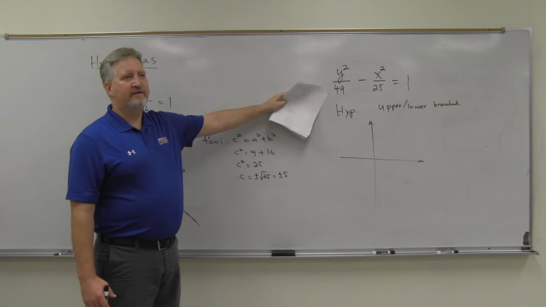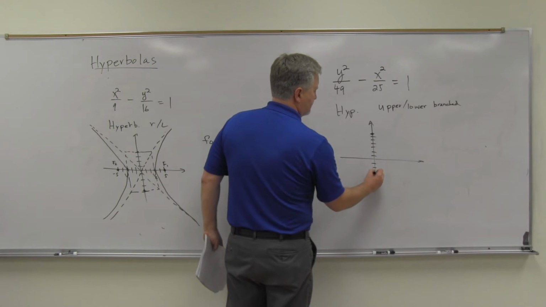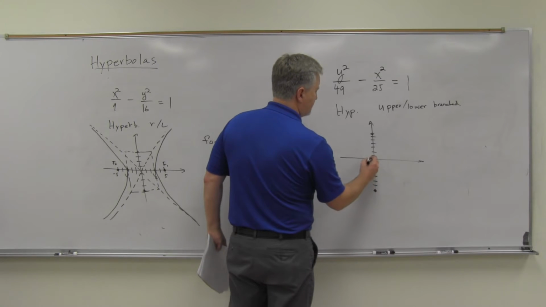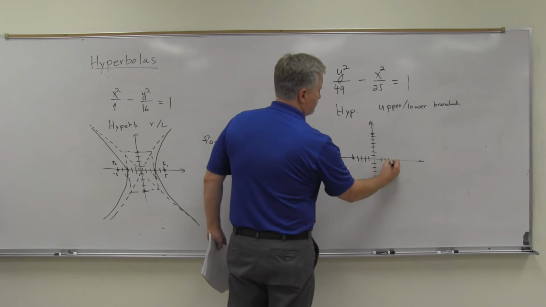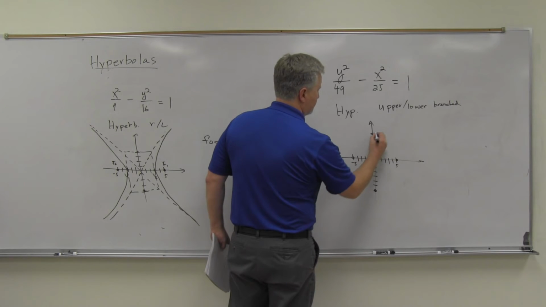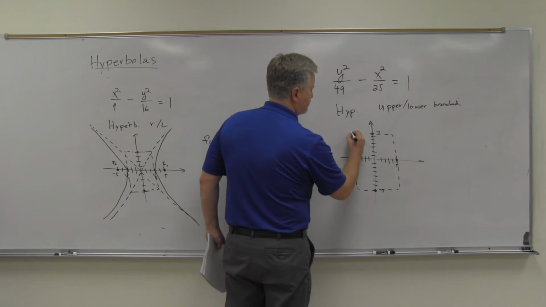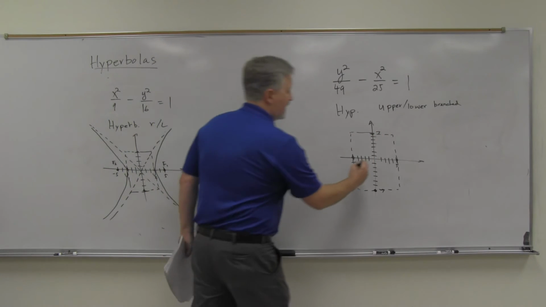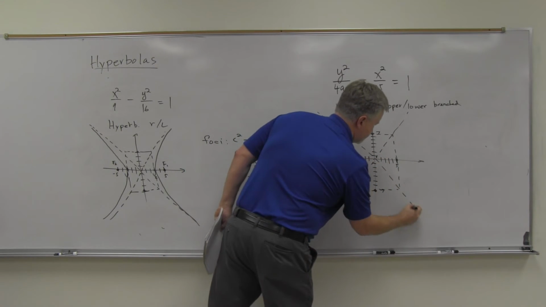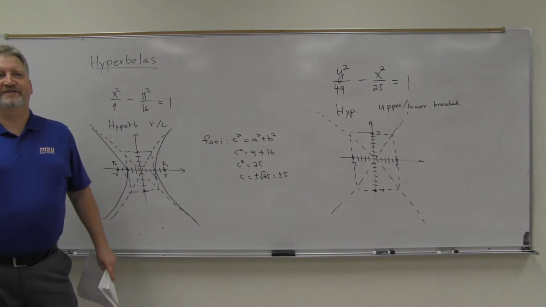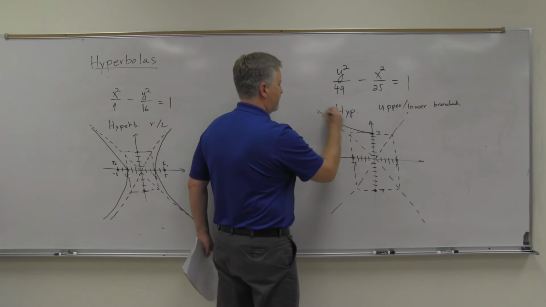So I go out in the y, plus or minus 7. And then under the x, plus or minus 5. Okay? Draw in the asymptotes then. That's what I like you to see. But since it's upper and lower branched, up here and down here instead of over here and here, right? It's y squared first. That's how I know that.